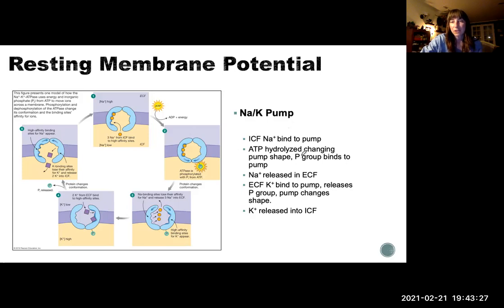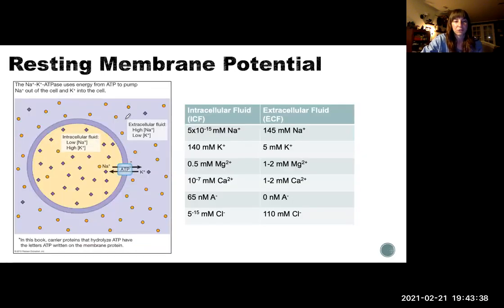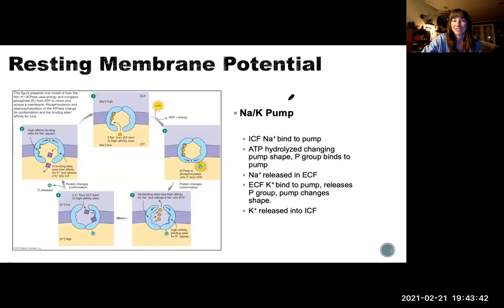That phosphate group that leaves as a result of that hydrolyzation is going to bind to the pump. The pump changes shape, the sodium leaves, goes into the extracellular fluid where we want it. We're pumping it out because we're trying to get to resting membrane potential. That's this guy's job, right? That sodium is released to the extracellular fluid.